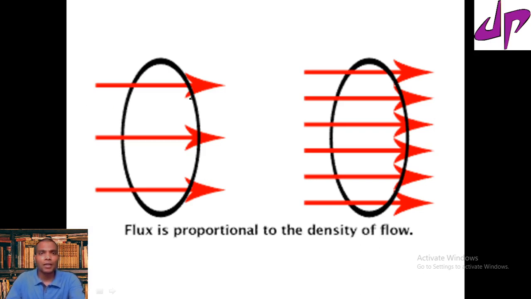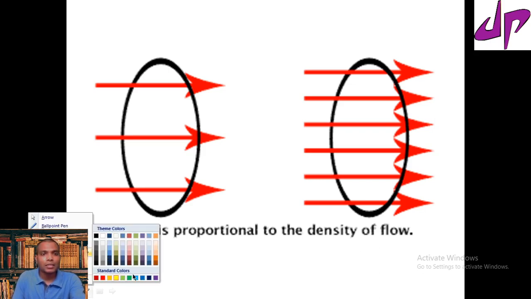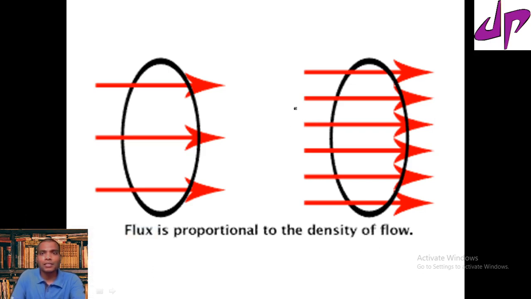Three electric field lines are flowing through the surface area. But if I increase the electric field strength, now the electric field lines are increased. 1, 2, 3, 4, 5, 6. Now the electric field strength increases, automatically flux also increases.